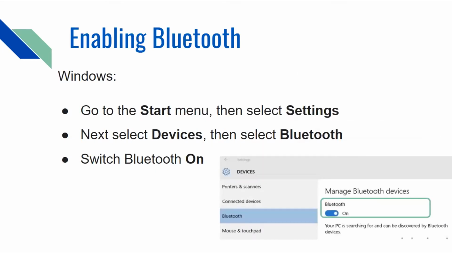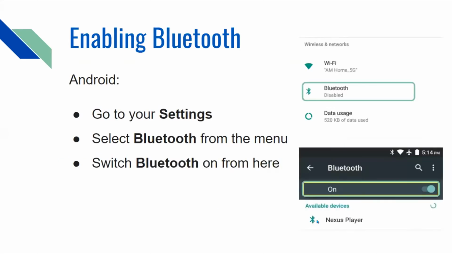On Windows, go to the Start menu, then select Settings. Next, select Devices, then select Bluetooth. Switch Bluetooth on. On an Android, go to your settings, select Bluetooth from the menu, switch Bluetooth on from here.